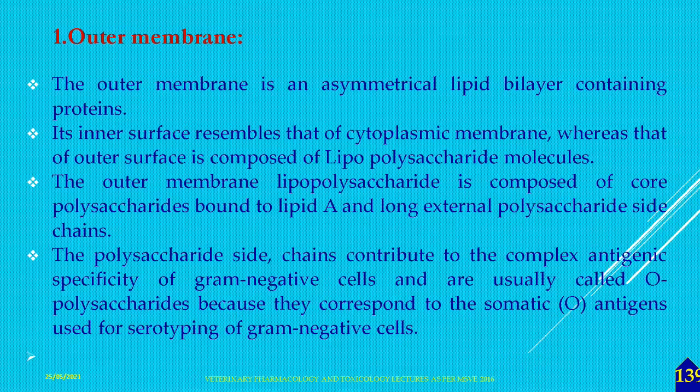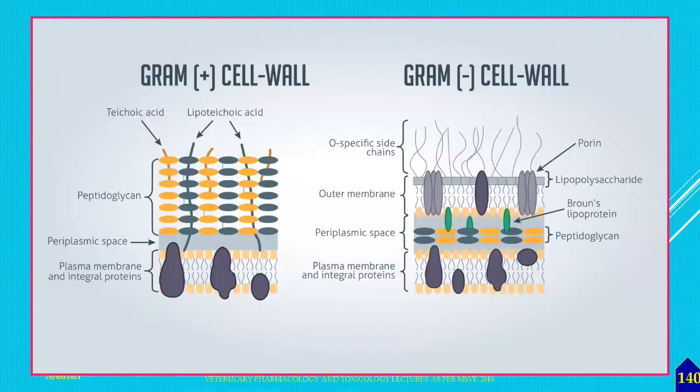So once again, we will see the structure and the difference between the gram-positive cell wall and the gram-negative cell wall. So this is the teichoic acid, which is present especially in the gram-positive cell wall. So the teichoic acid and the peptidoglycans.